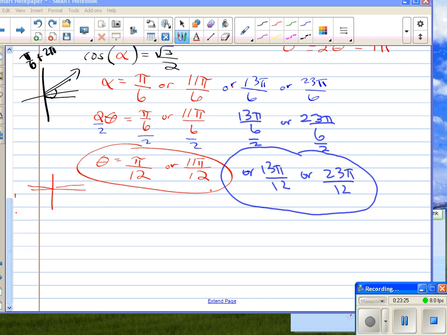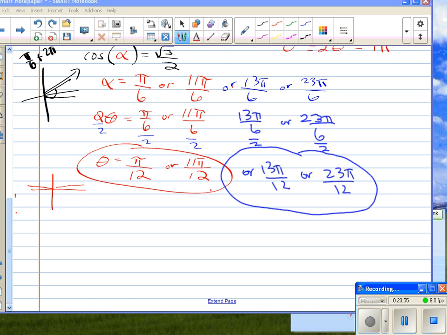I'm just adding pi over 6 to 2 pi. So I need to write 2 pi as somebody over 6. So I changed the 2 to 12. 12 divided by 6 is 2. So if you can picture this, 2 pi getting changed to 12 pi over 6, plus another pi over 6 makes 13 pi over 6.